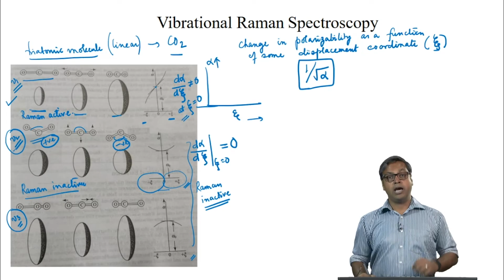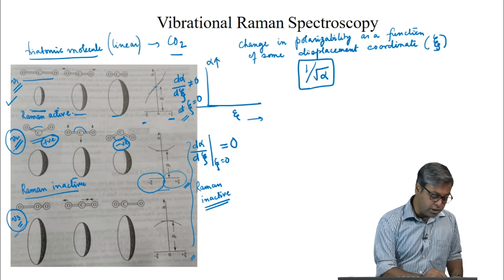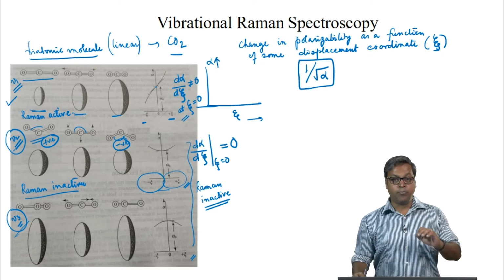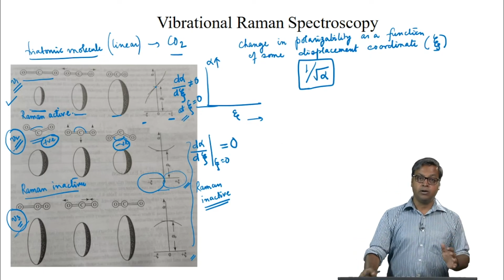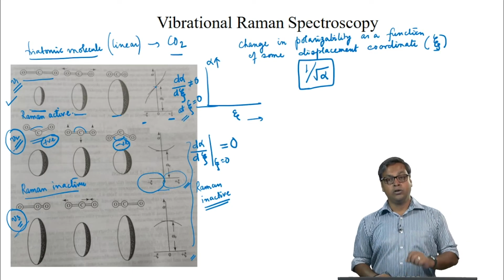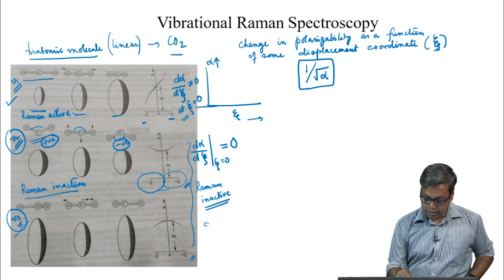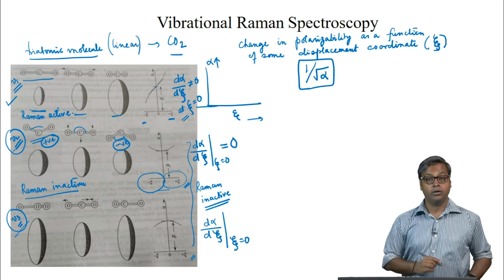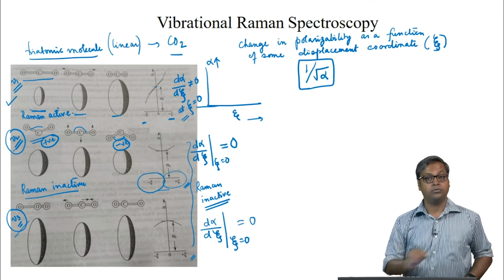The same argument applies for this nu 3 or the asymmetric stretch. Here the polarizability decreases for positive and negative displacement coordinate. So, again we can write d alpha d xi at xi equals 0 is 0.